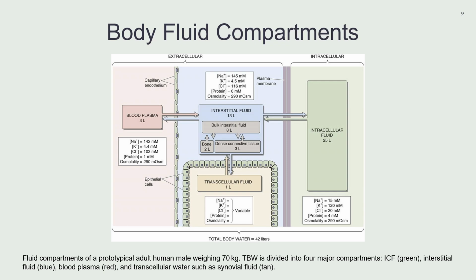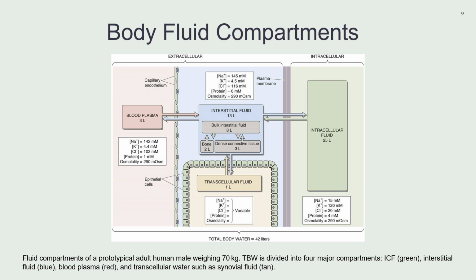Now, as you see there, there is a slight difference in the composition between the blood plasma and the interstitial fluid, but that is not important for us now. There is one thing that is important, talking about the differences between interstitial fluid and the blood plasma, and it's the amount of protein.